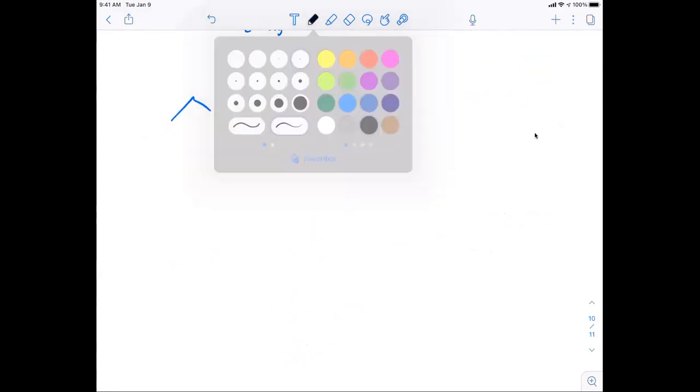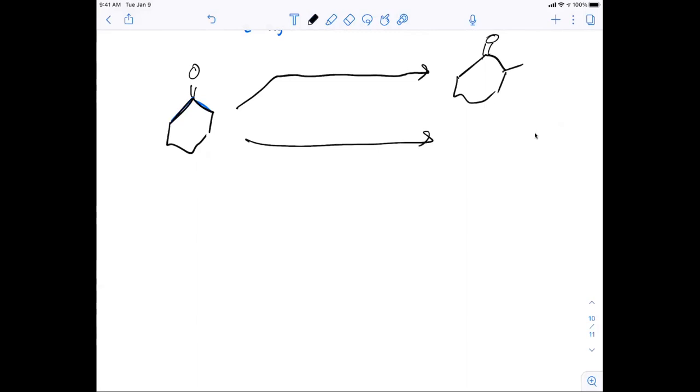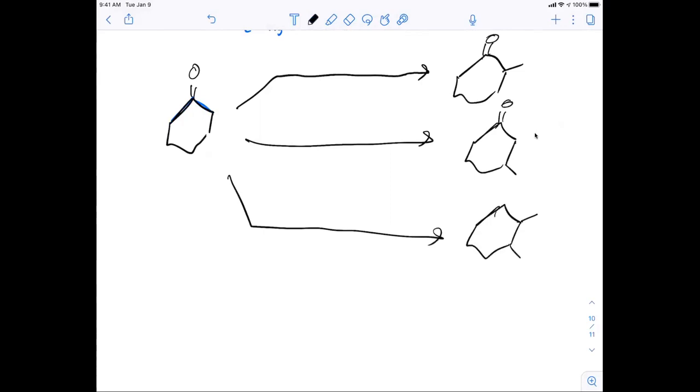Let's try a series of options. So if you start with this, how do I get to this? How do I get to this? And then how do I get to this?